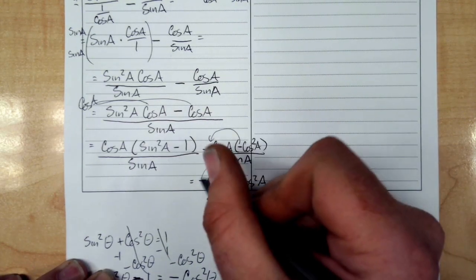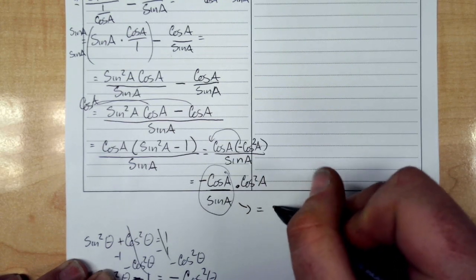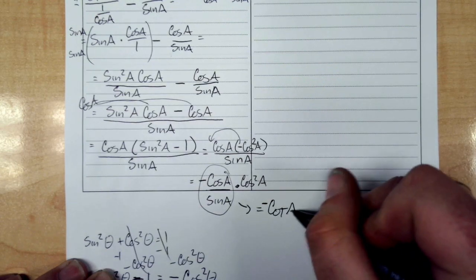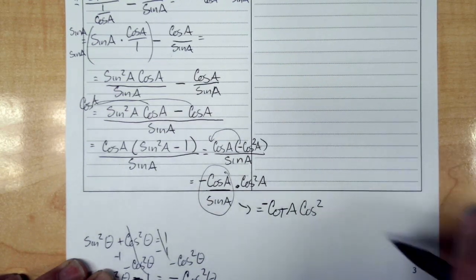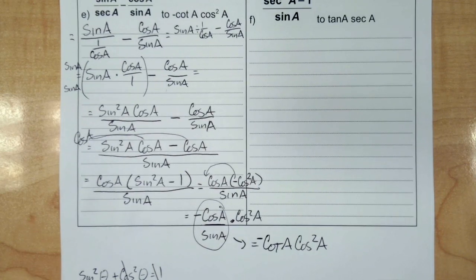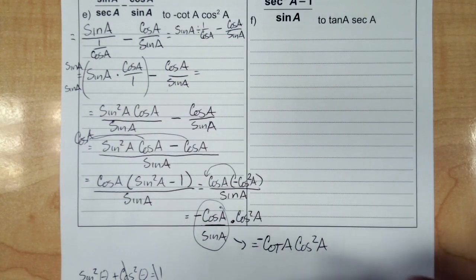And the cosine over sine idea can become cotangent. And it's still negative, and we have the cosine squared of our angle still as well. And that was our target. We have to turn it into the opposite of the cotangent times the cosine squared.